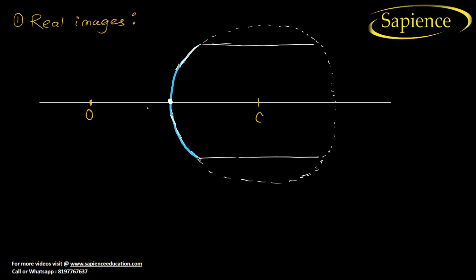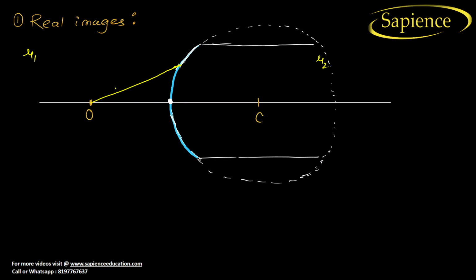Now see, we will talk about the real image. Here we will consider a real image. Let us consider this is an object. Its light is falling on this convex part, which has a refractive index of mu2, and the other side has a refractive index of mu1, right?